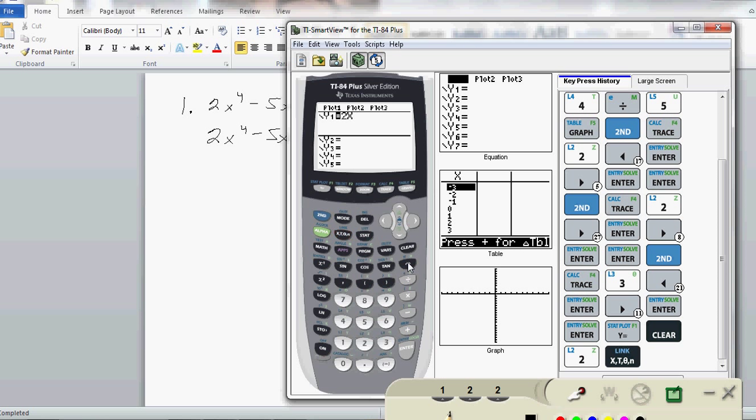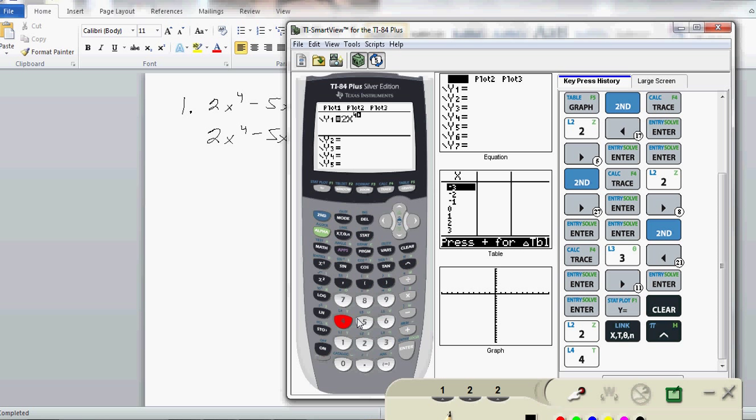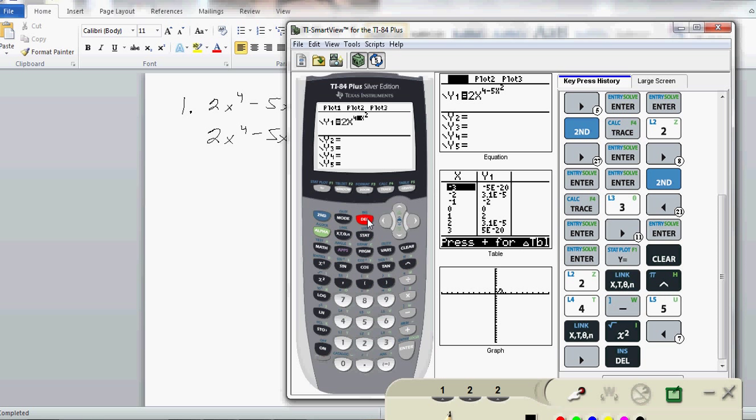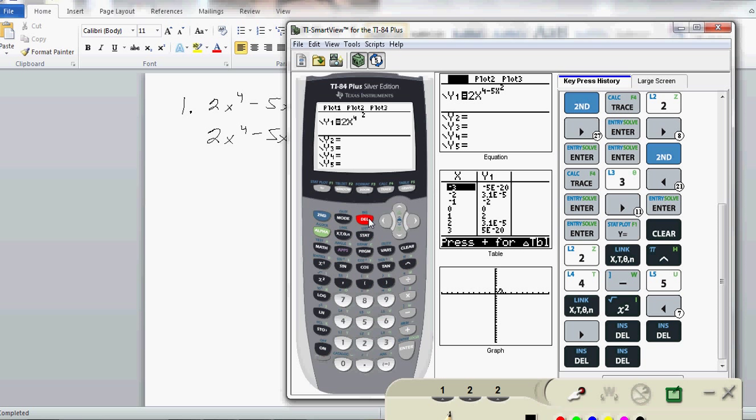Then we're going to have 2x to the fourth minus 5x squared. Whoops. My graphing calculator is just a little bit different than some of yours.